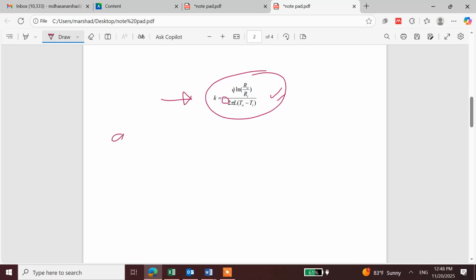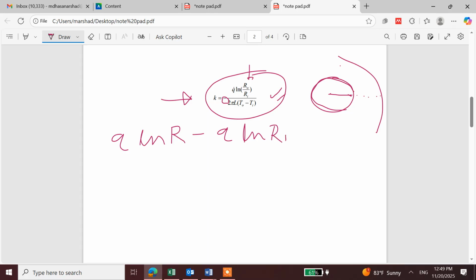Q ln r o minus Q ln r i equals 2 pi L k T outer minus 2 pi L k T inner.